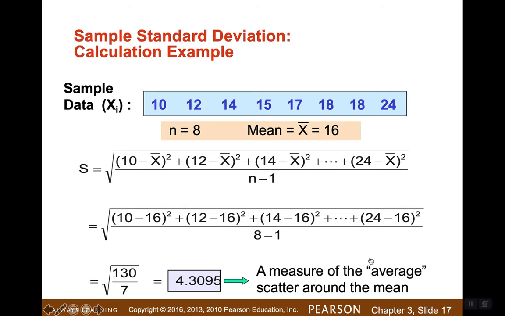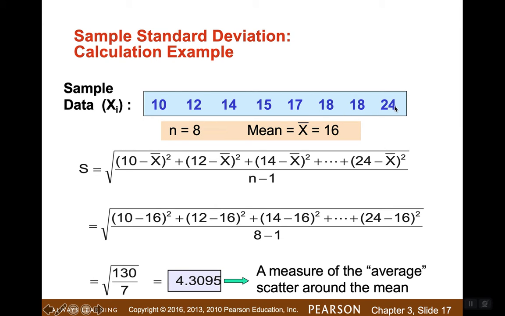So let's actually look at it as an example. It's not as complicated as it looks. We have a mean of 16, and our sample size is 8. We have 10, 12, 14, 15, 17, 18, 18, and 24.